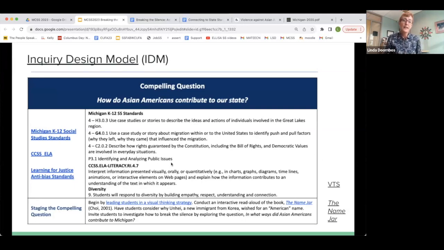And I always like to include in the lessons that I design a Learning for Justice standard. It helps me and it helps the pre-service teachers I work with think about the why. And so this was a diversity standard that students will respond to diversity by building empathy, respect, understanding, and connection.